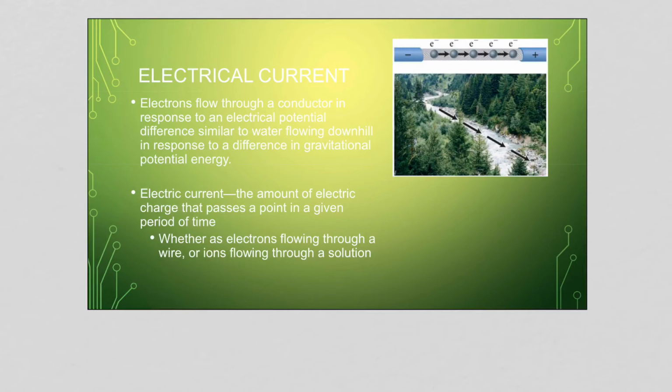So the current is measured as the amount of electric charge that passes a point in a given period of time. So essentially how many electrons per second, if you will, pass by a given point, right? That's a measure of how fast it's flowing. The faster the current is, the more electrons that will pass in that period of time. Doesn't matter whether they're flowing through a wire, through a sheet, through a solution, right? That's what we're looking at when we think about current.